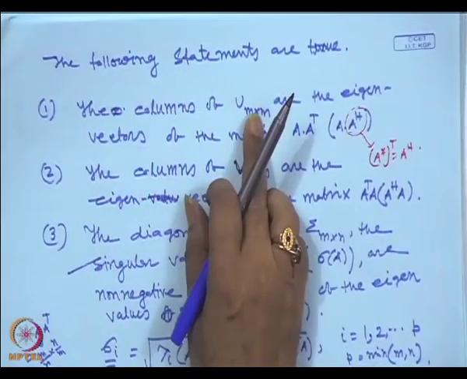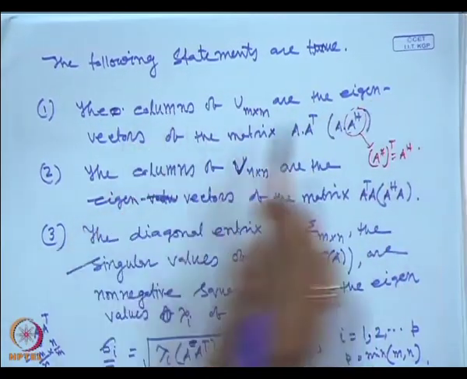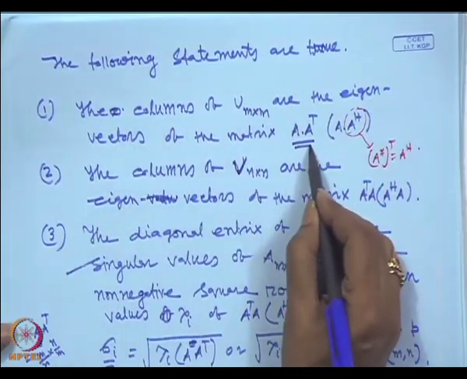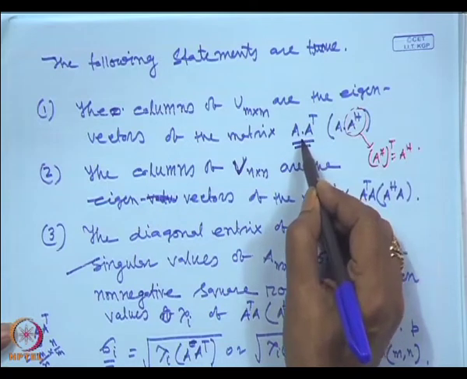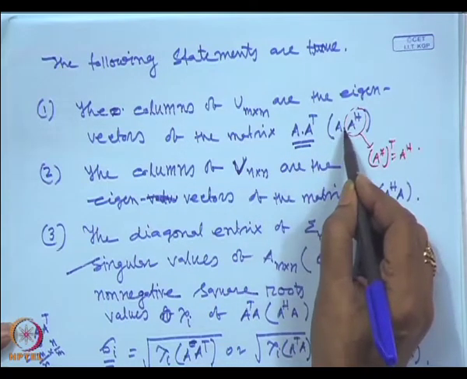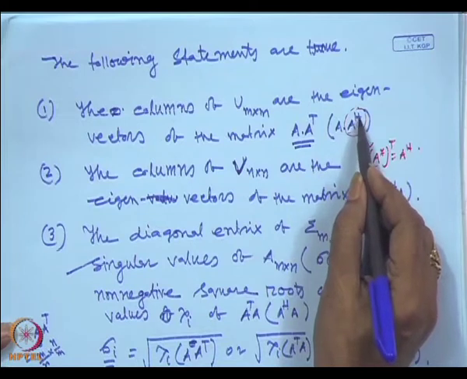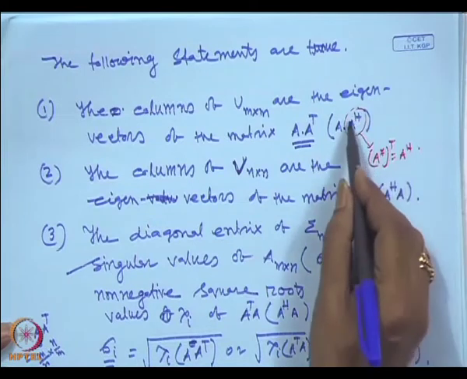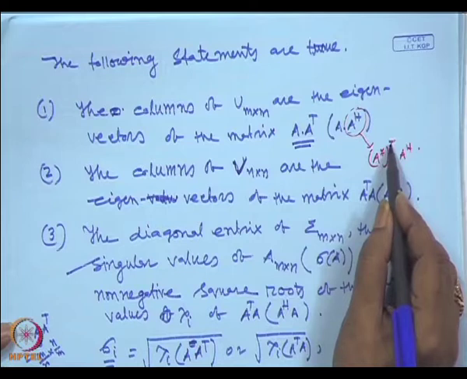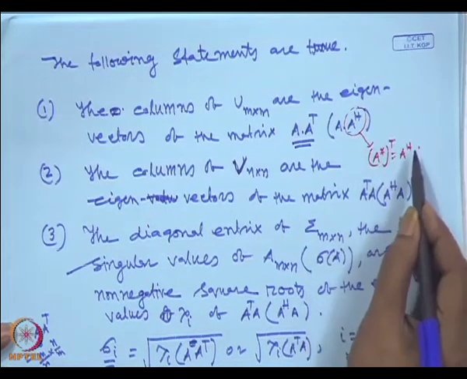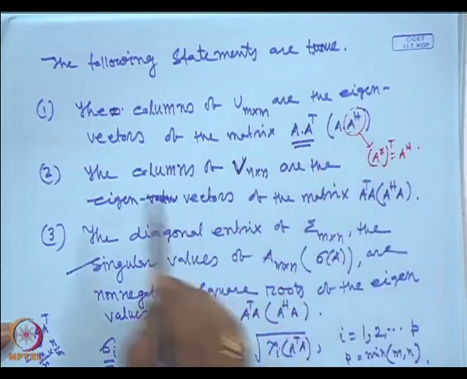The columns of U are nothing but the eigenvectors of the matrix A A transpose in case A is real, and A A H, where H means the Hermitian, that is, the conjugate transpose or transpose conjugate, if it is a complex matrix.